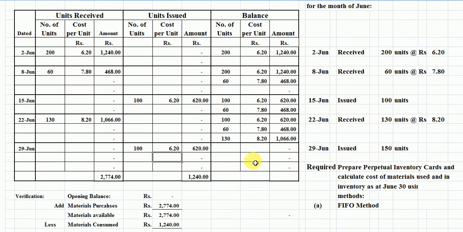Now, students, our first lot has been consumed. Now we take the next 50 units out of the 60 units here, at 7.80. Now our balance stock is 10 units, because we have taken 50 units out of 60 units.